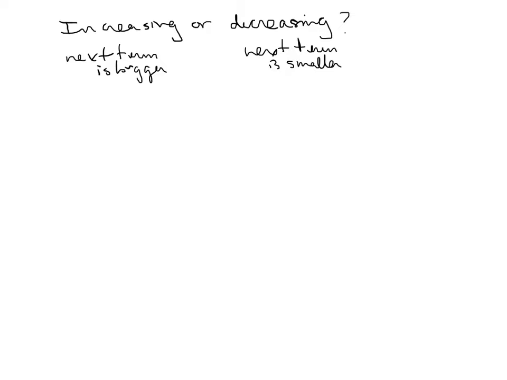Let's look at a few examples here. Some of them are kind of obvious. If you look at just a sub n equal to n, starting at 0, that's the sequence 0, 1, 2, etc. Even in the first few, it's pretty obvious that the next term is bigger, so this sequence is going to be increasing.